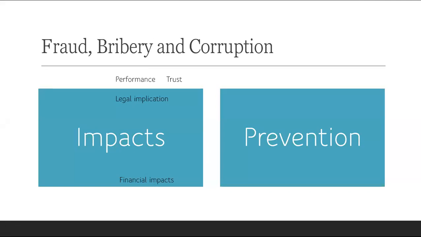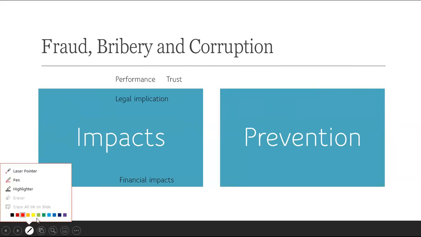A topic that rarely appears in the exam is fraud, bribery, and corruption. The type of question here tends to focus on the impact and the prevention of the practice.